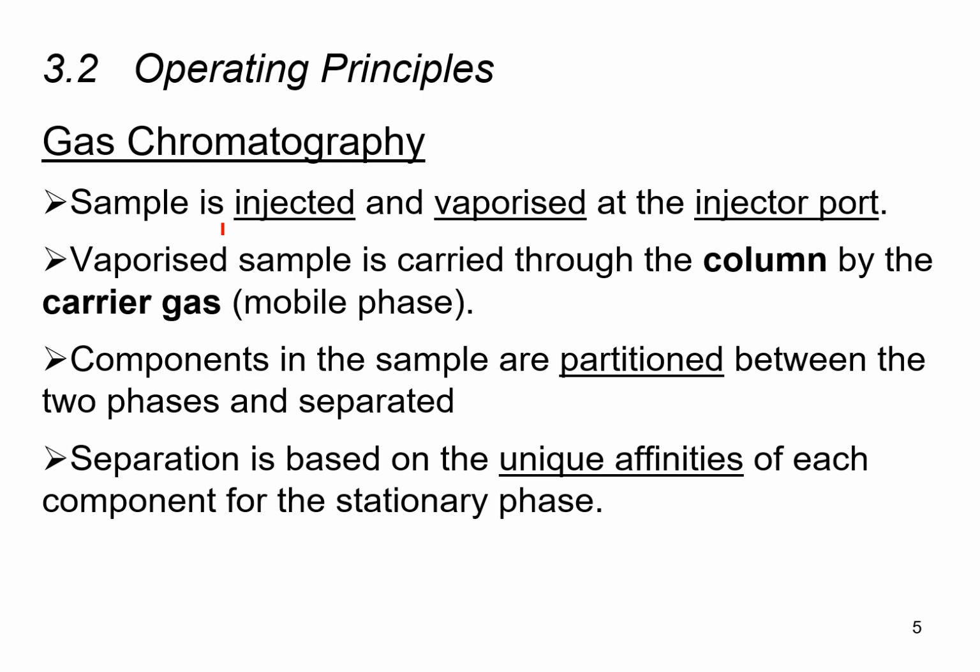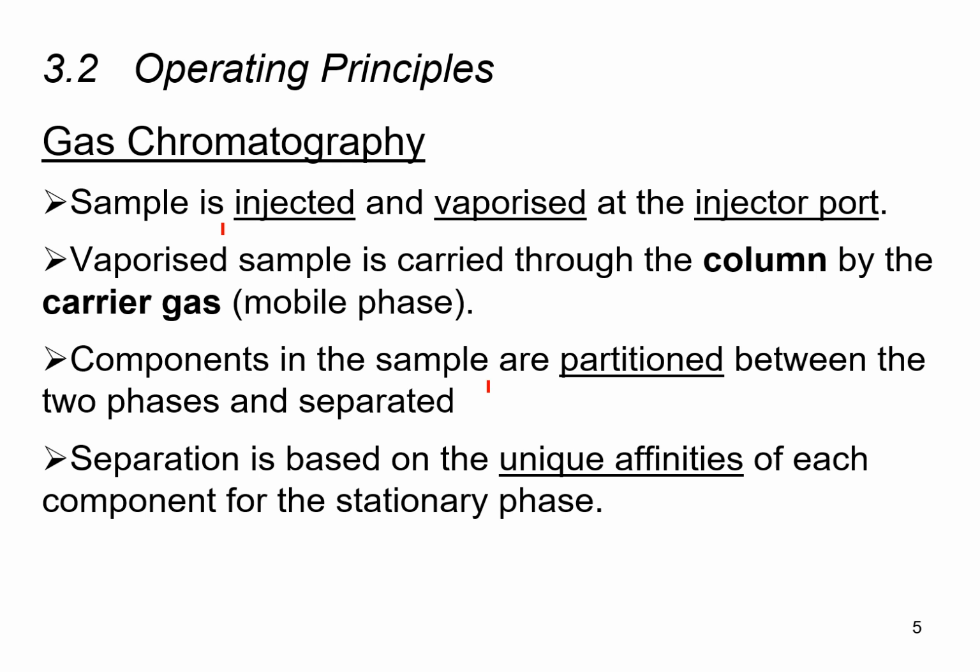So once they are passed through the column, I mentioned that the column is the stationary phase, so that is where separation will definitely occur. So the different components in the sample interact with the mobile phase and stationary phase to different extents. So therefore, some will interact with the stationary phase a bit more, some will interact a little bit less, and they end up being separated before they leave the column.